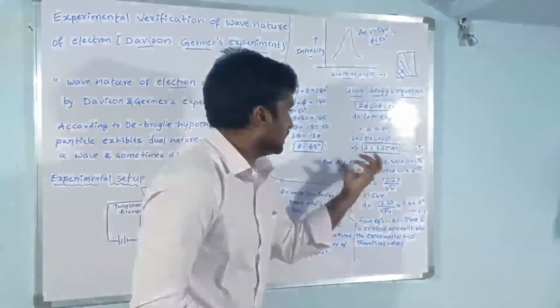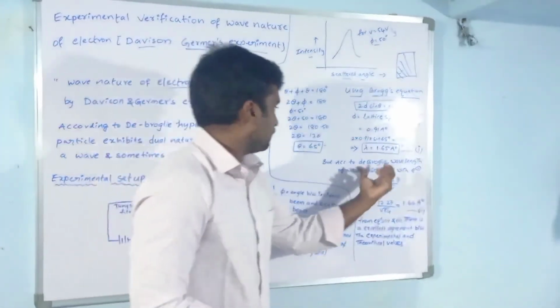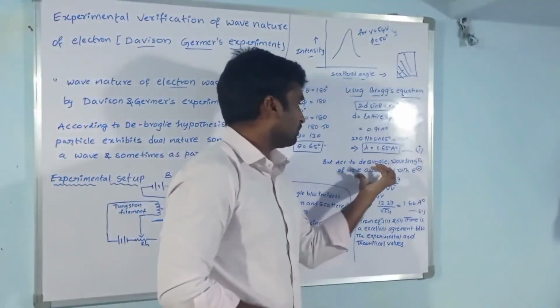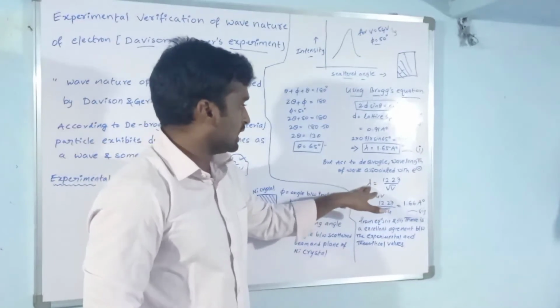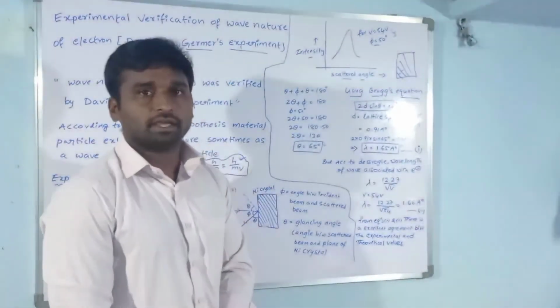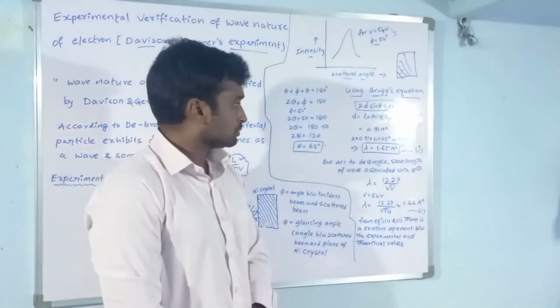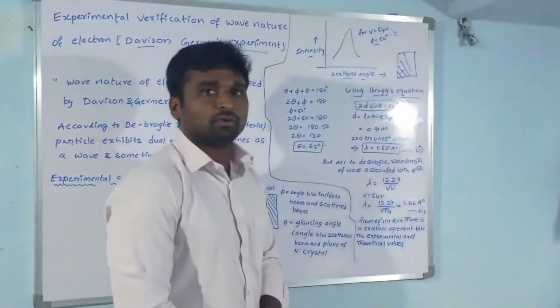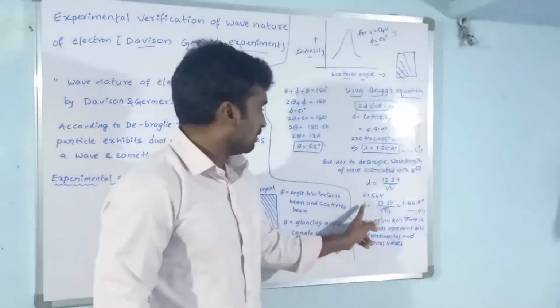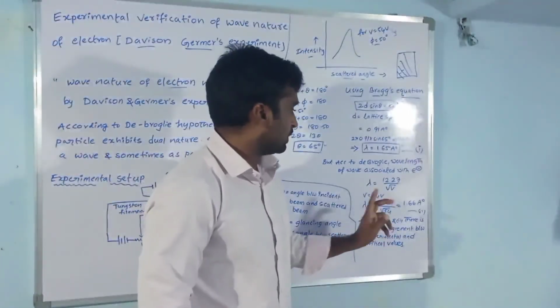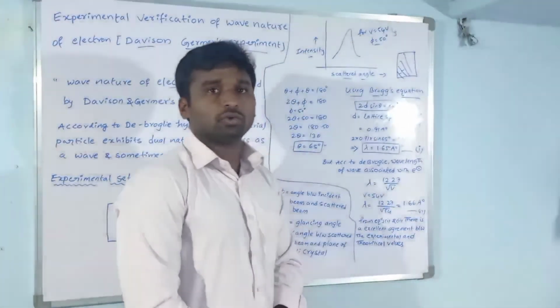Next, according to the de Broglie hypothesis, the wavelength of the wave associated with an electron is lambda equal to 12.27 by root V. At 54 volts, we substitute 54 in this equation, and we get lambda equal to 12.27 by root 54.